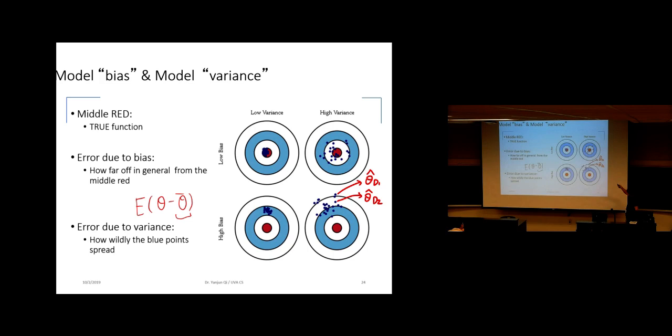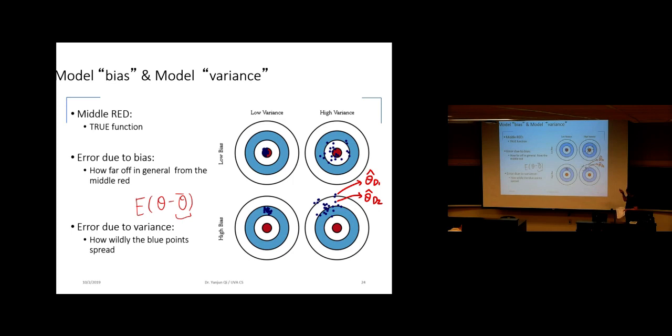Theta 1 is here, theta 2 is there, and all the thetas are distributed pretty largely over the space. However, what's the mean of this blue cloud? It's very close to the center, and that center is my true model.